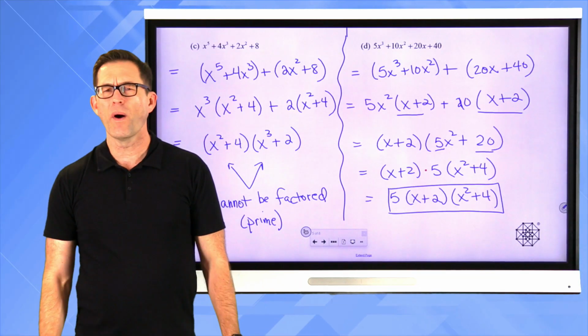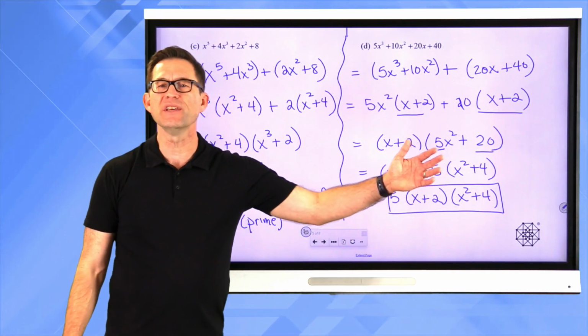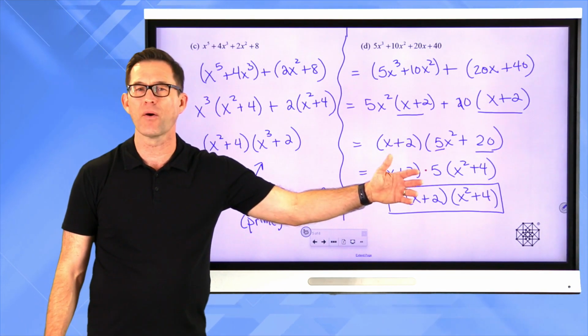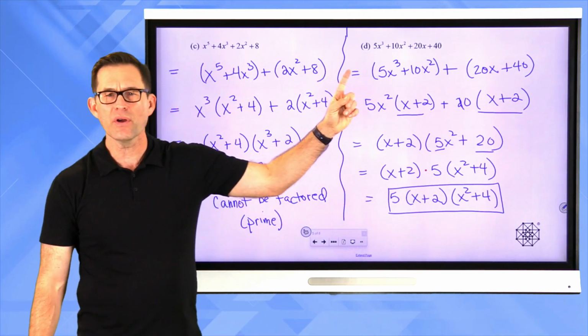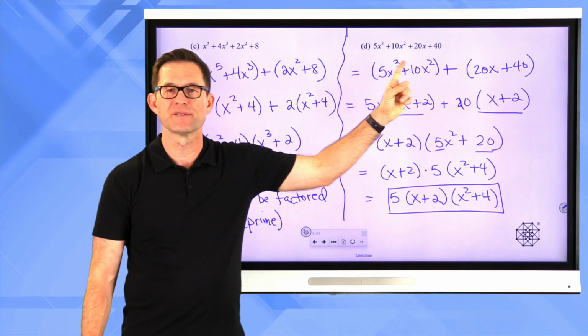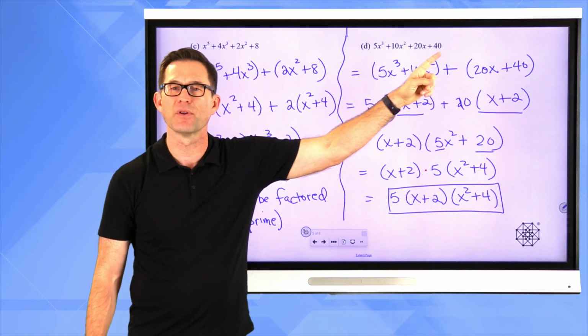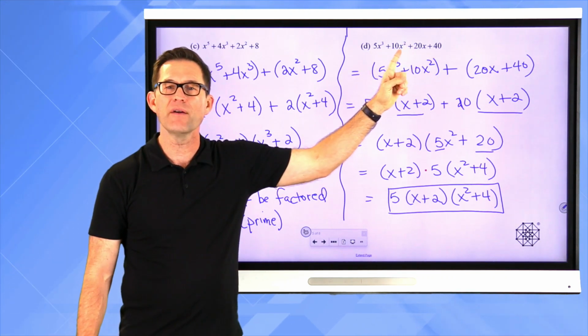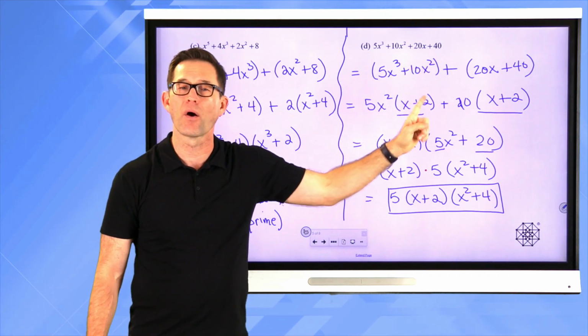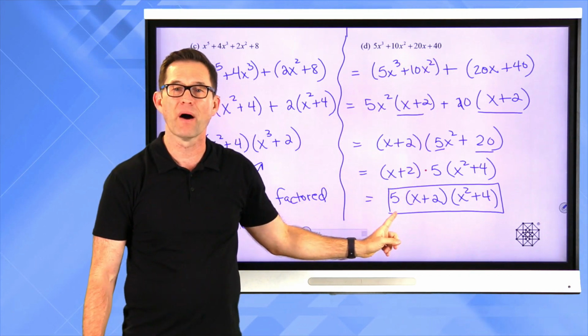Now you might say, well, why did we end up having that weird GCF there that kind of came out at the end? If you look at the original polynomial, 5x cubed plus 10x squared plus 20x plus 40, notice the 5, the 10, the 20, and the 40 are all divisible by 5.